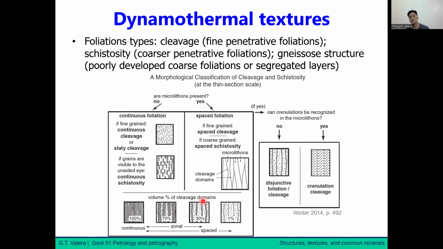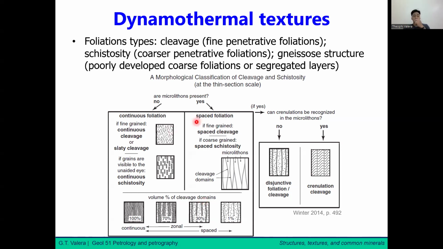Again, schistosity versus gneissosity, hindi siya good marker of metamorphic grade. Not all gneiss basically are of higher metamorphic grade than schists. Okay. There could be many reasons why some rocks prefer a schistose foliation type or a gneissose foliation type.